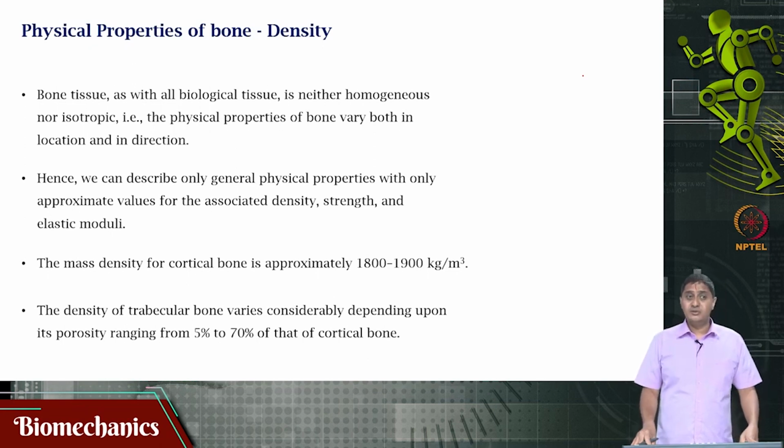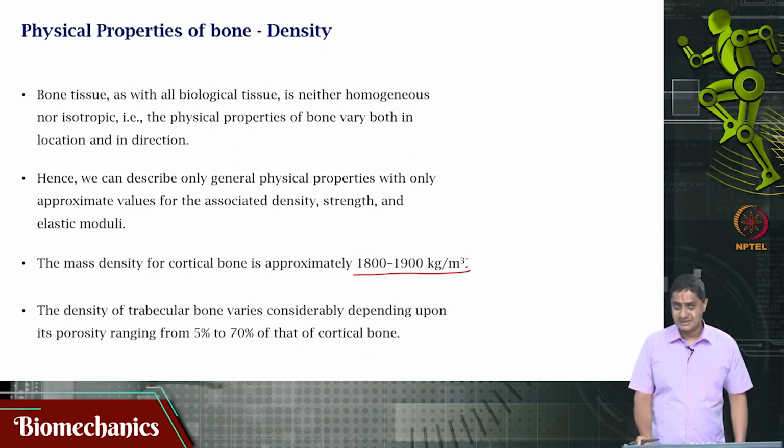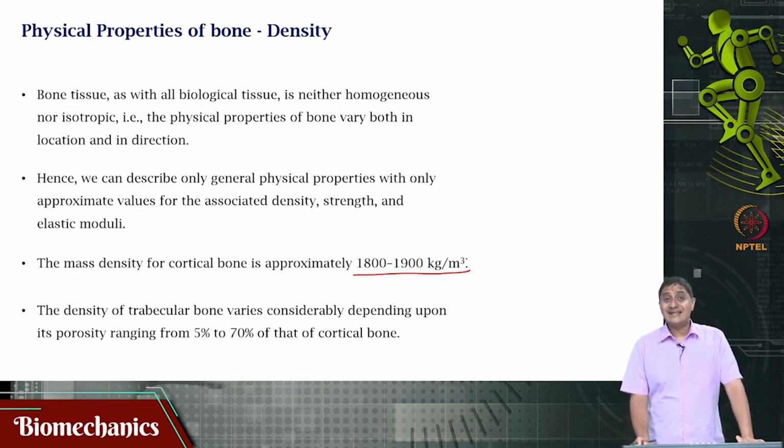For the cortical bone, the density is approximately 1800 to 1900 kilogram per meter cube, about 2 times the density of water, a little less. That is quite dense, right? The density of the cancellous bone, or the trabecular bone, changes substantially depending on the porosity, ranging from 5% to 70% of the cortical bone.